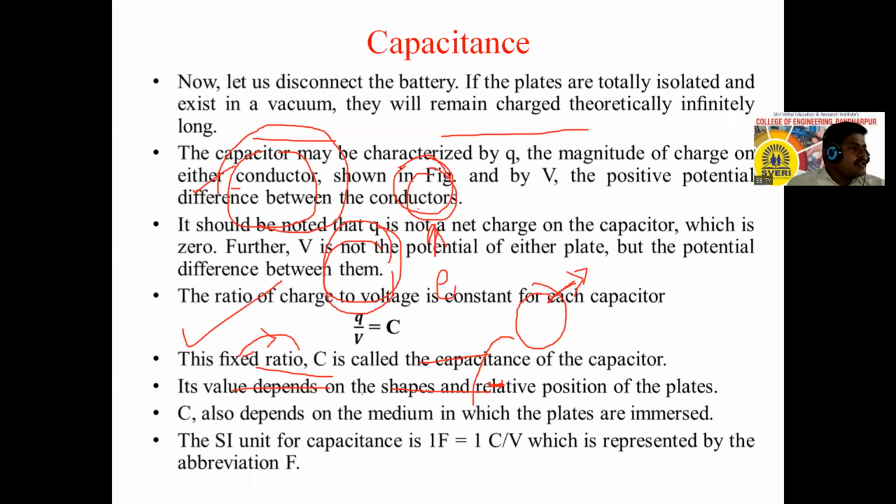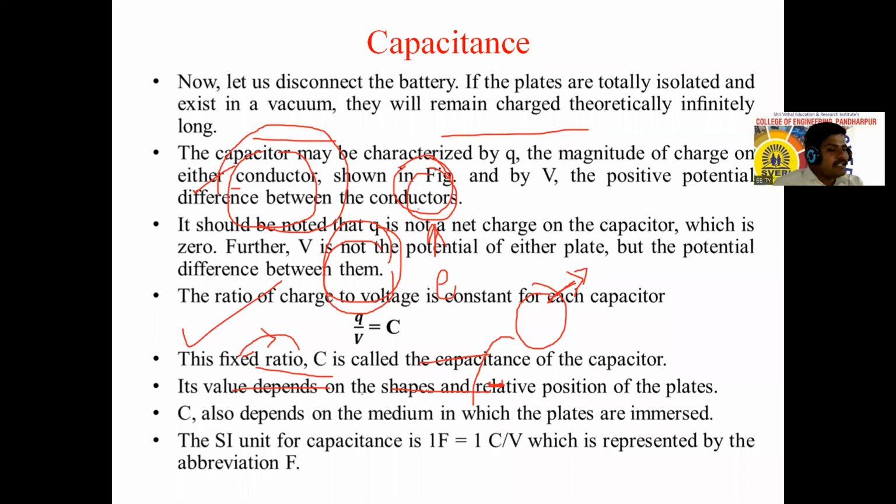Okay, so the charge Q divided by V, the potential difference between the two plates, is equal to C, and that C is called the capacitance of the two plates, or the capacitance of that capacitor.